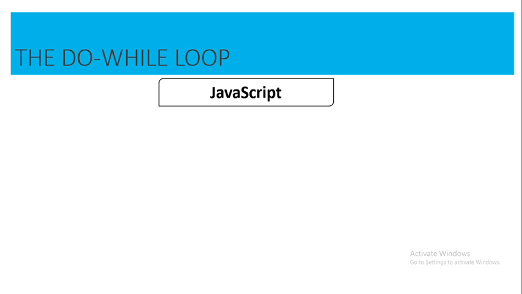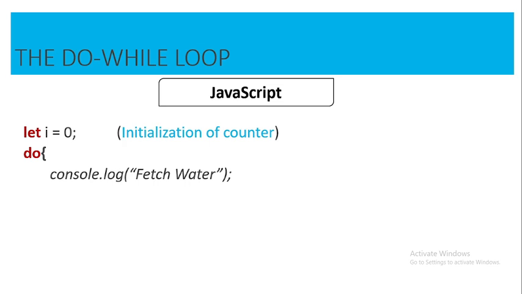The first construct of the do while loop is in JavaScript. Let i equal 0, that's the initialization of the counter. Then the do keyword, and we open the curly bracket. Let's say we want to run console.log fetch water. Then after that we update the counter, so here we have i equals i plus 1.